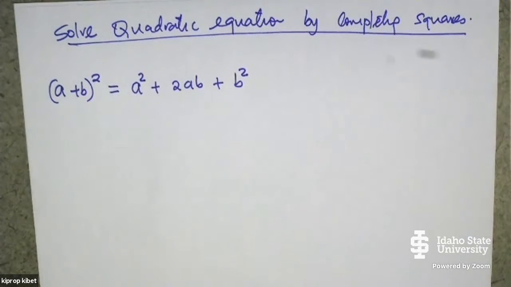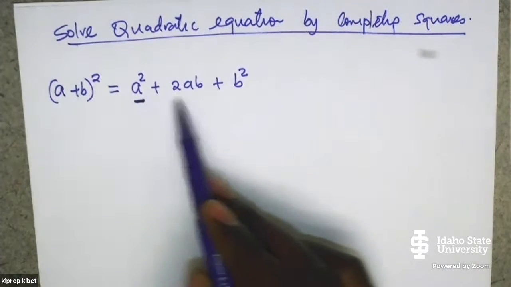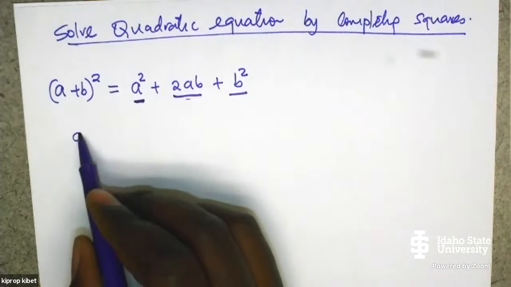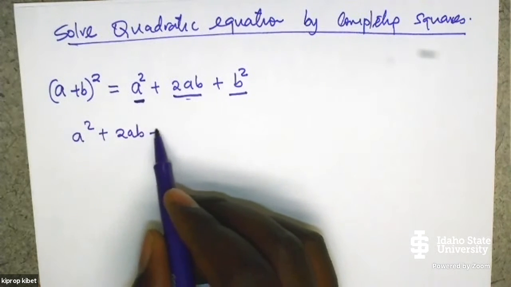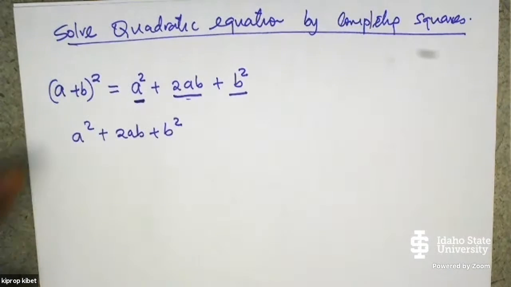So if we have a squared plus 2ab plus b squared, then we want to get (a + b) squared. So how can we do that?